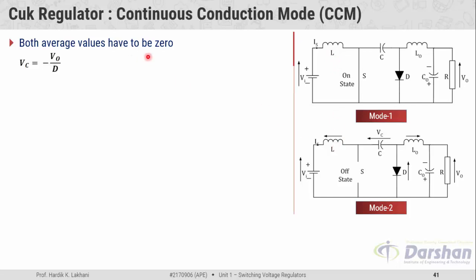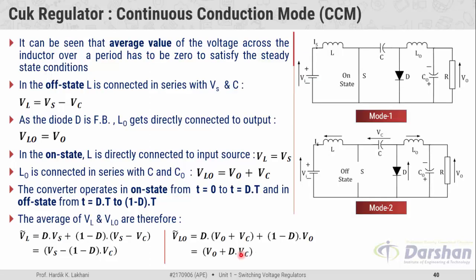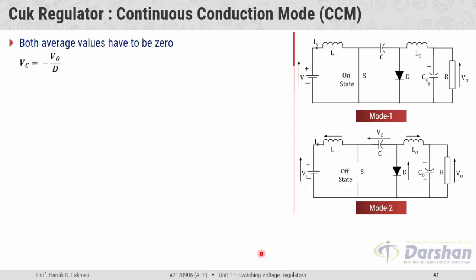From the second equation we get Vc is equal to minus output voltage upon D. As we know that VLO is equal to 0 over one cycle, when we equate this equation with 0 and simplify, we get Vc is equal to minus VO upon D.